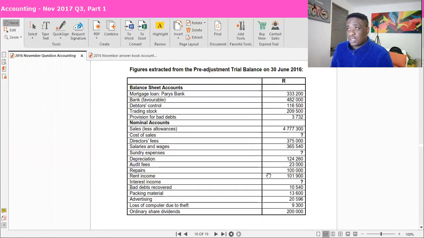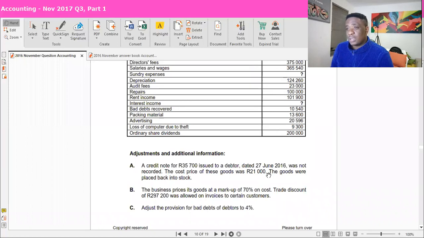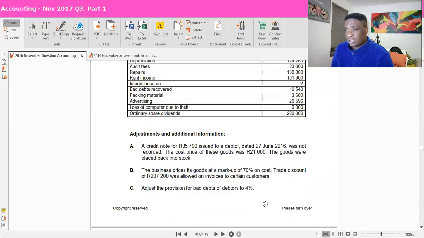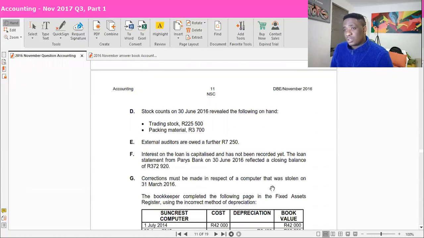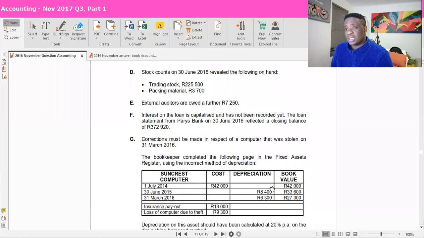So it reduces our sales and it also reduces our cost of sales. But let's start with sales. Let's also read the rest of the information just to make sure that that's the only thing that affects sales. So the business prices its goods at a markup on cost, trade discount, that a lot has to do with cost of sales, adjust the provision, stock count, external auditors, interest and loan.